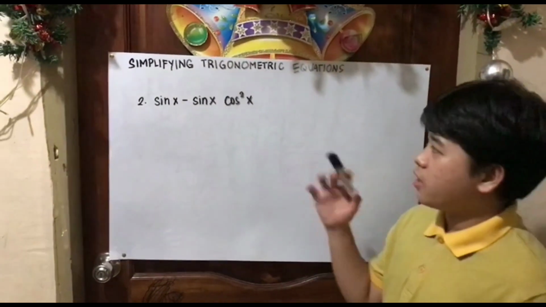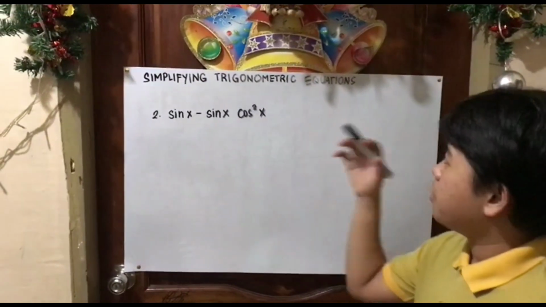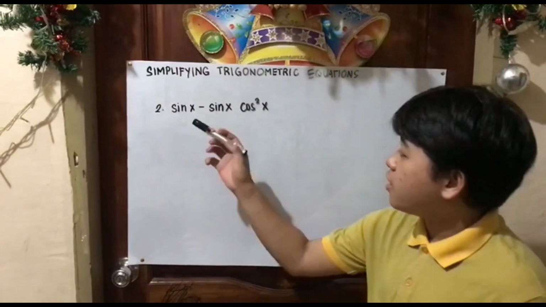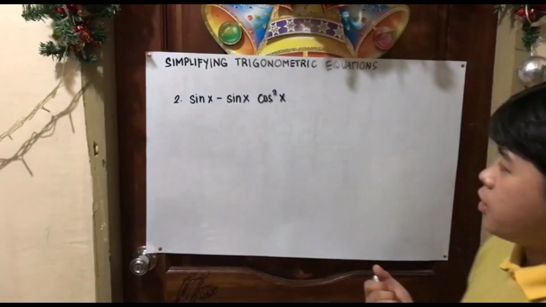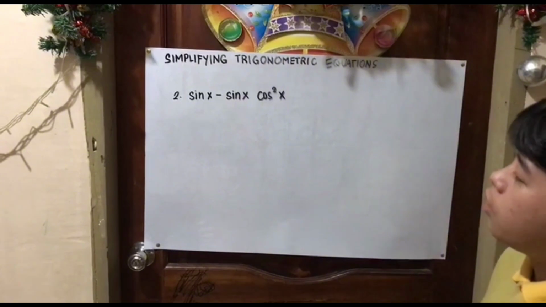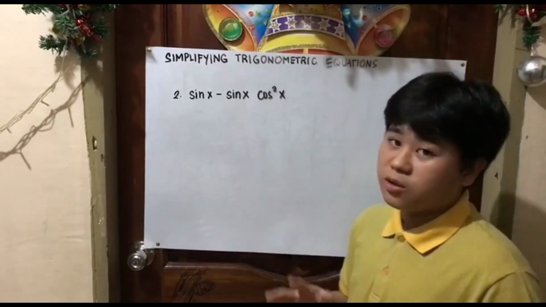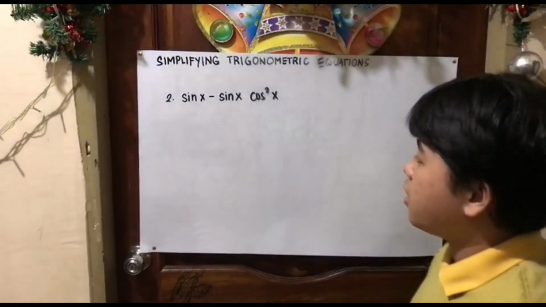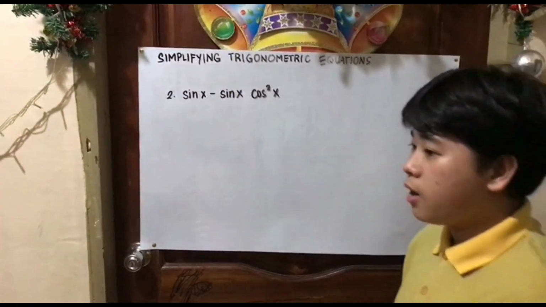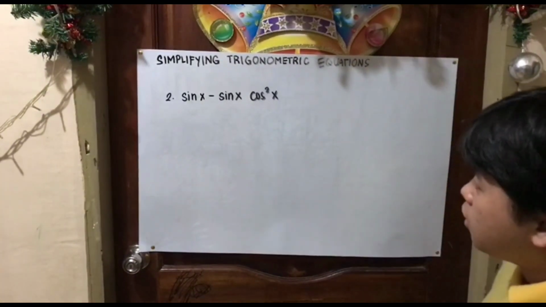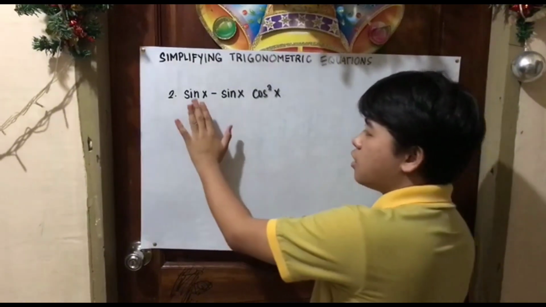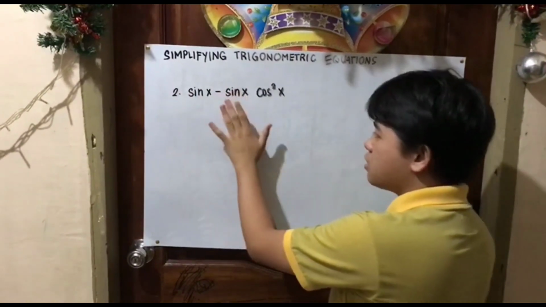Now we have our second example for simplifying trigonometric equations. We have sine x minus sine x times cosine squared x. As you can see, we don't need to convert it to sine and cosine because it's already in sine and cosine format. All we need to do is look for a common factor, if there is any. Sine x is present here and sine x is also present here.